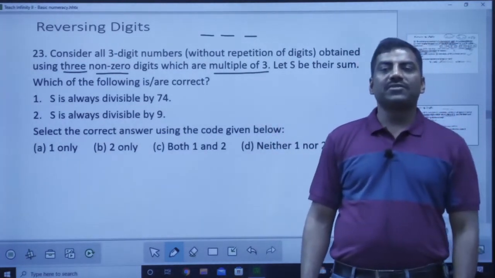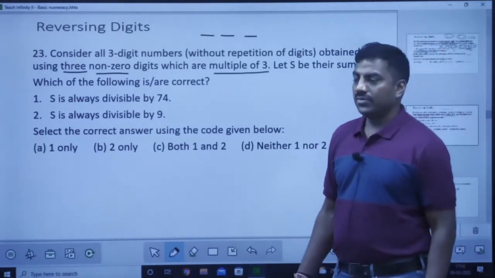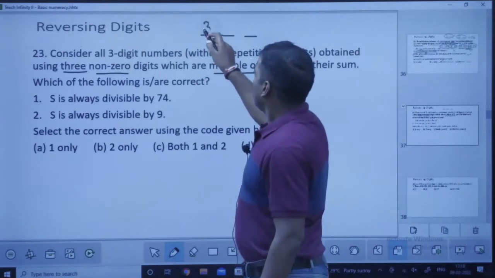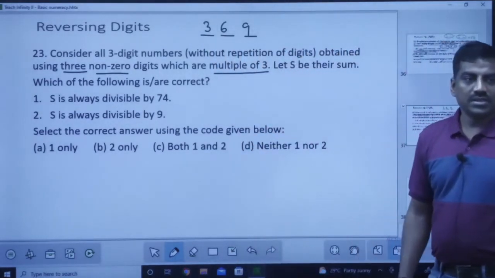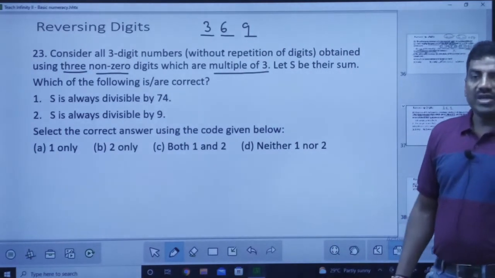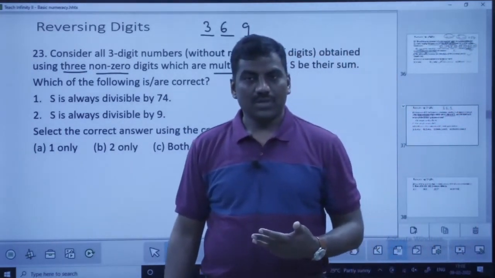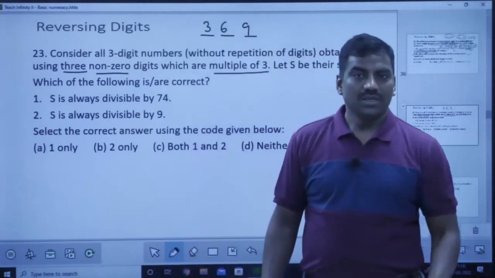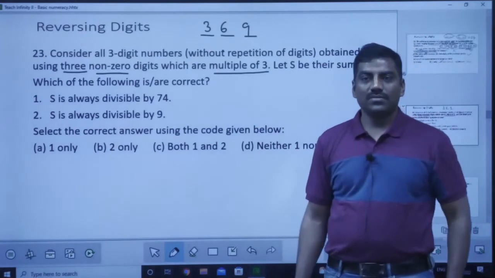How many multiples of 3 are there from 1 to 9? Which all are they? 3, 6, 9. So we have only 3 digits, and we have to form different numbers from them. When 3 digits are given, how many numbers can be formed?